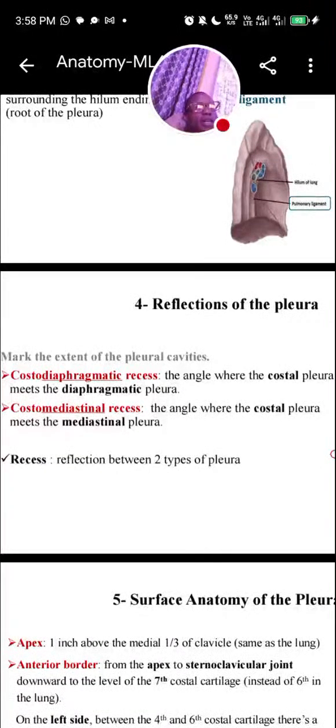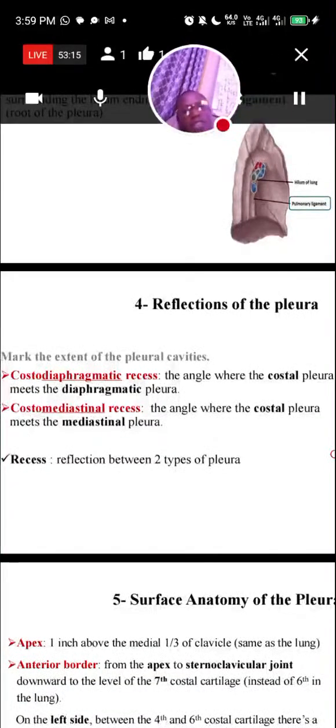If you move or if you breathe, these meet. Are you getting it now? Then we have costomediastinal recess, where the mediastinal pleura meets with the costal pleura. Hope you are making sense. I'm saying all that from my head. So we have four things we've now learned from our head.